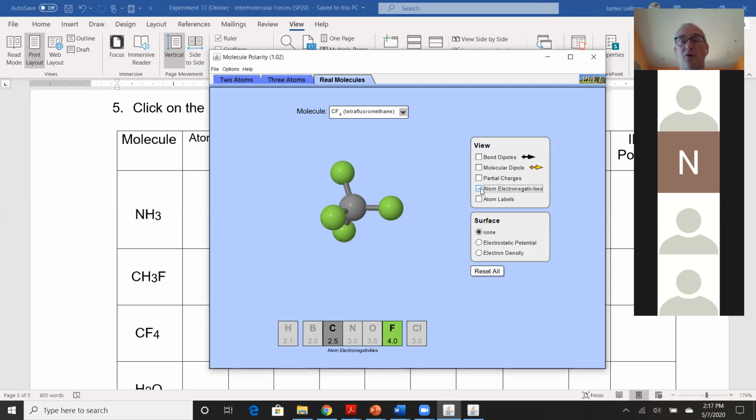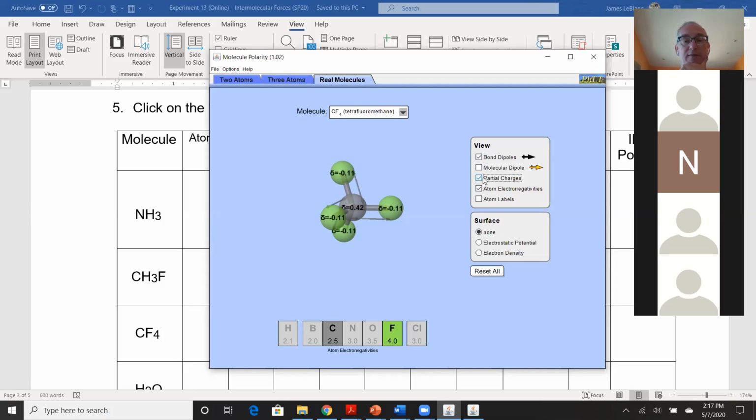Yeah, they're going to point toward the fluorine because the fluorine has a higher electronegativity. So it's going to be pulling electrons away from carbon and towards itself. Okay? So carbon is going to be partially positive charged and the fluorine is going to be partially negatively charged. Now, let's look at the partial charges.